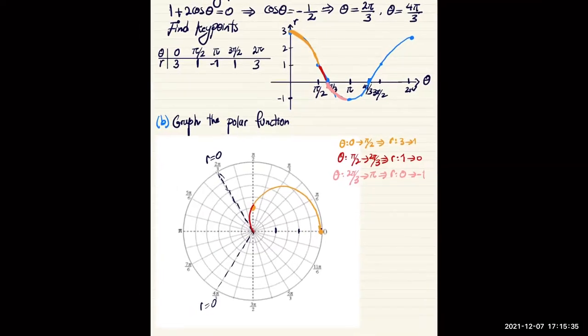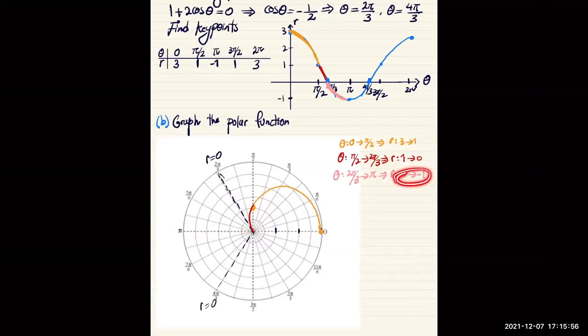Okay. So where is the 2 pi over 3 to pi region? It's this region. From this angle to this angle is where we are talking about. Guys, make sure you're listening, please. From 2 pi over 3 to pi.